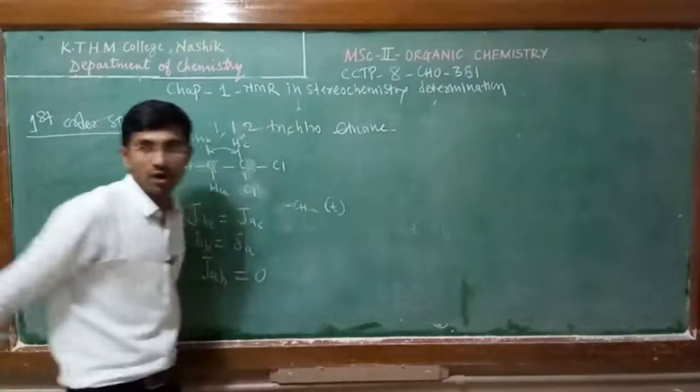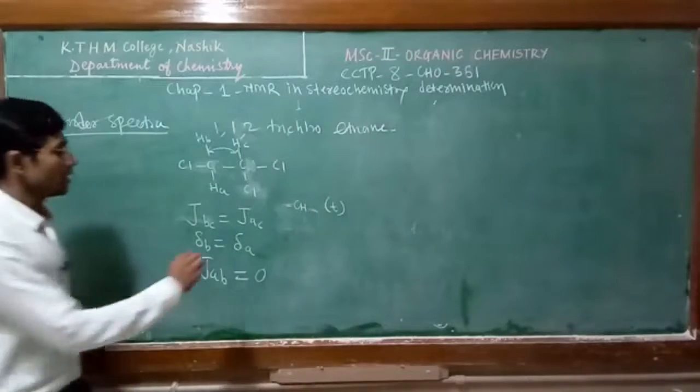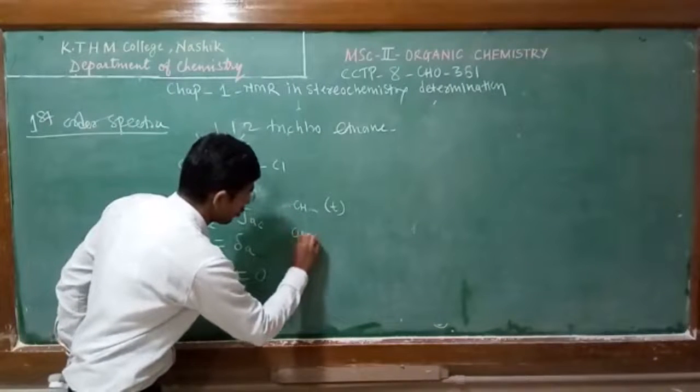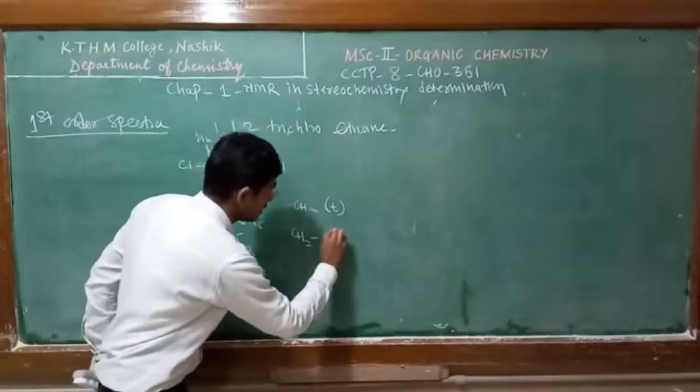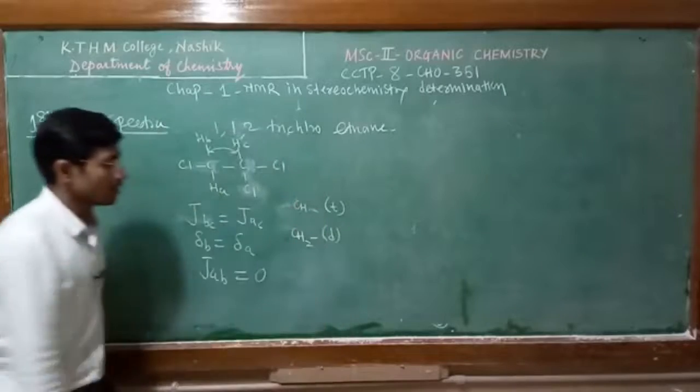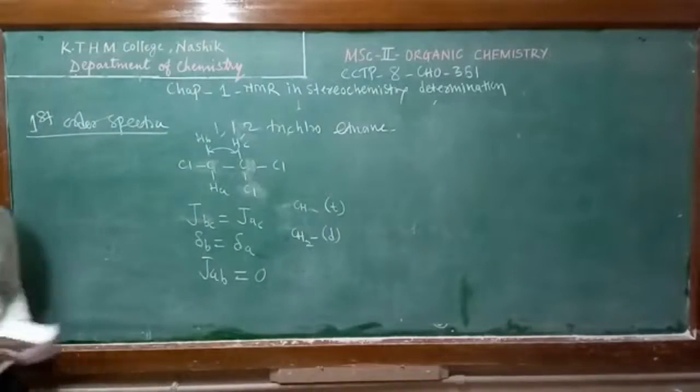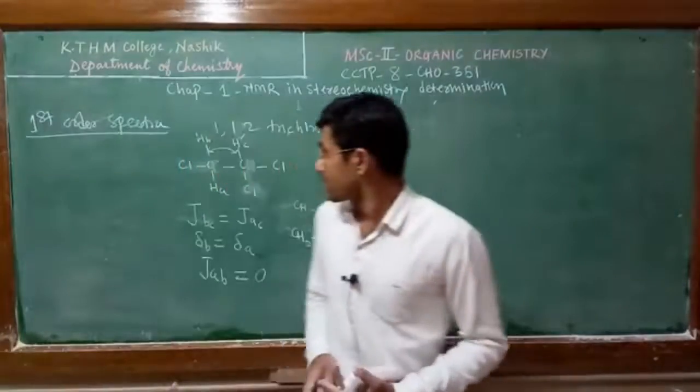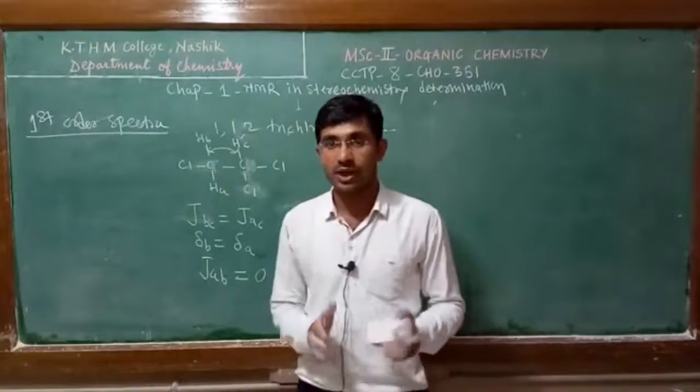So here we follow which rule? The n+1 rule. Again here the methylene protons give the signal that is the doublet. So in this compound we get the spectra that is the first order spectra.